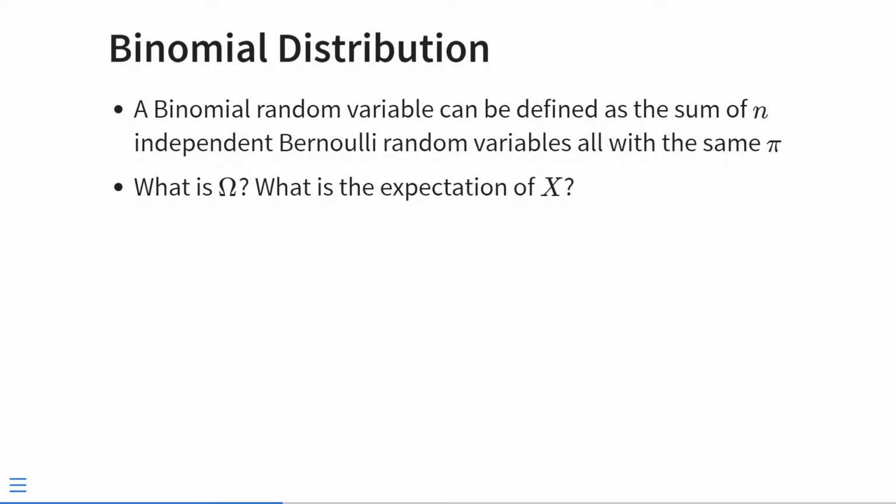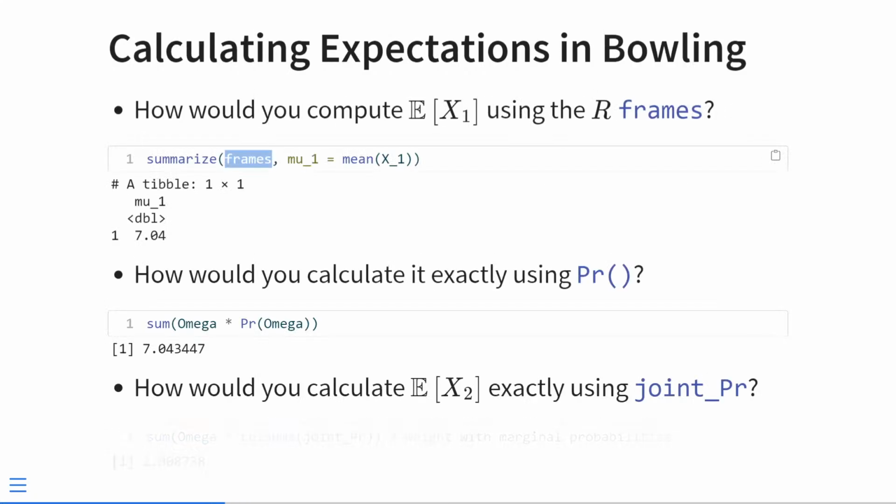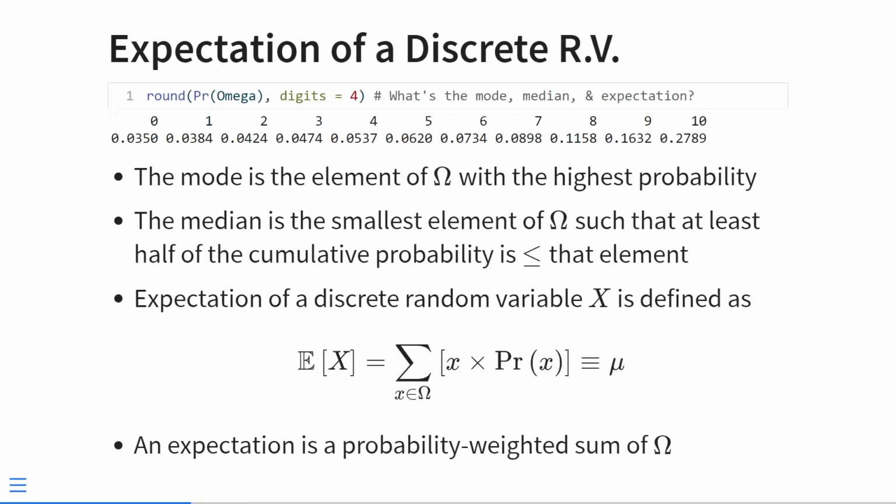Okay, what would be the expectation of x if x is a binomial random variable? Pi times n? Yes, that is true. So if we go back to our definition of expectation, in mathematical terms, expectation is a linear operator.